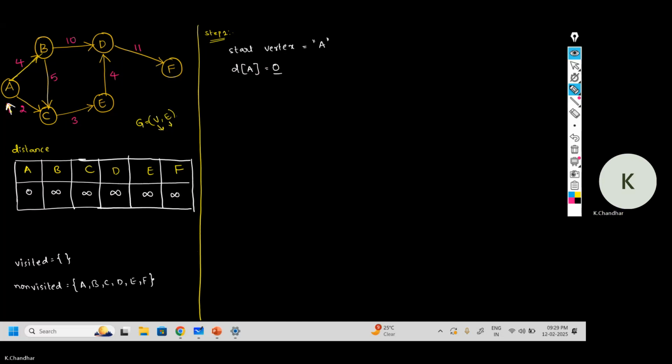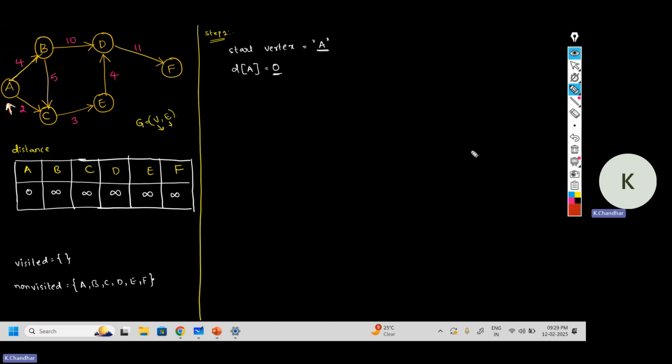Right. First step is completed. So visited is empty, non-visited is A to F, and I have taken starting vertex as capital A and distance at A is 0, remaining all vertices are infinite. This is completed. Next, I will go to the second step.